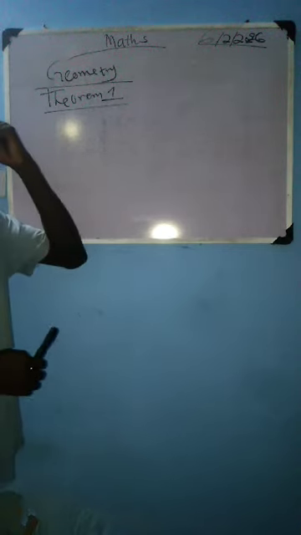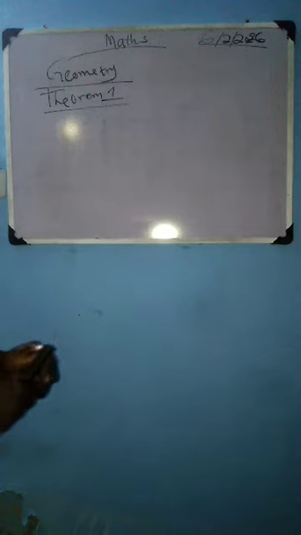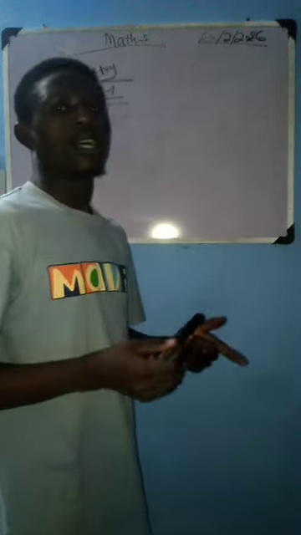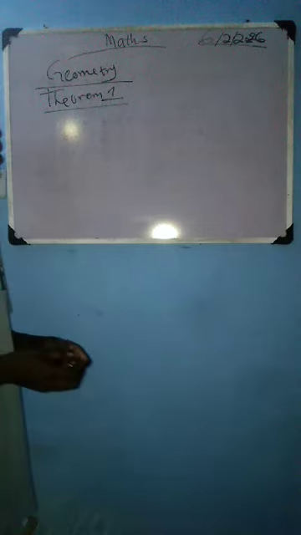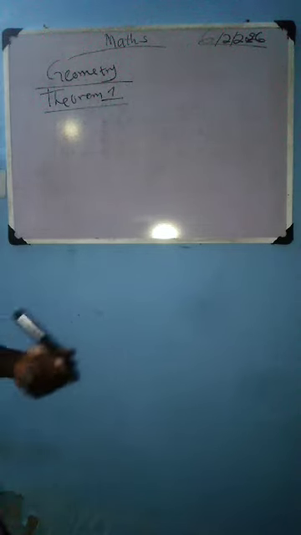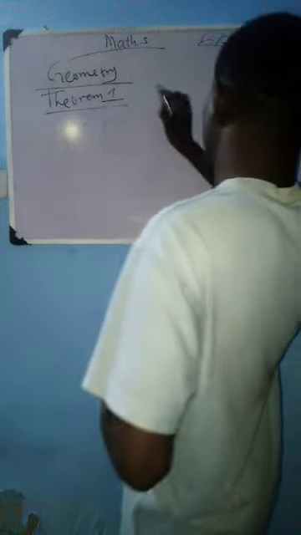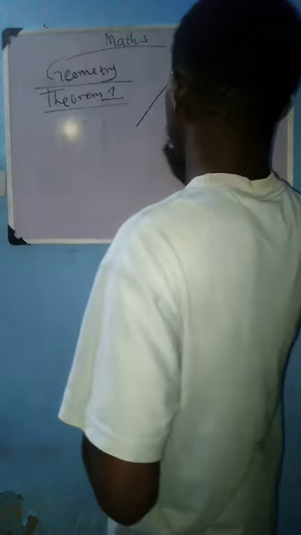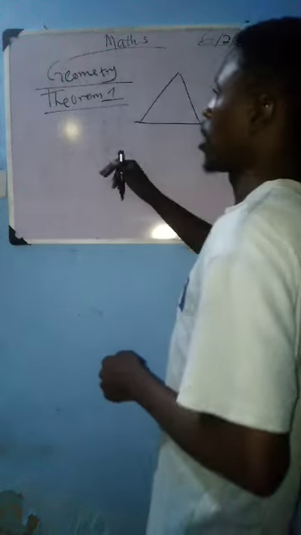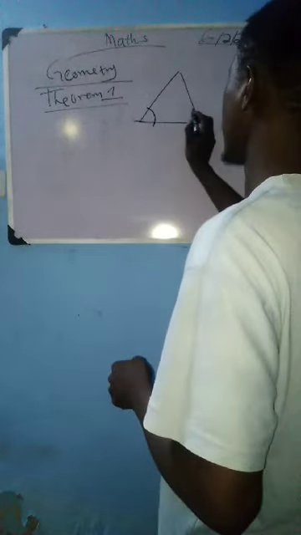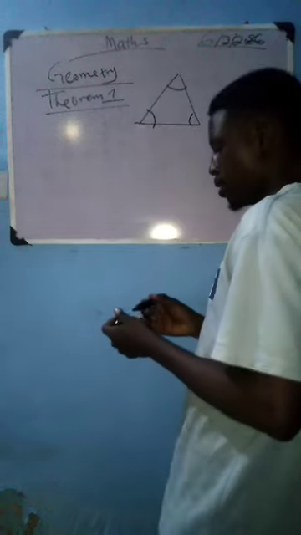Alright, so we're looking at the topic geometry, and geometry is simply the branch of mathematics that deals with the sides, for example, the sides. You deal with the relationship between the sides and angles of those shapes.